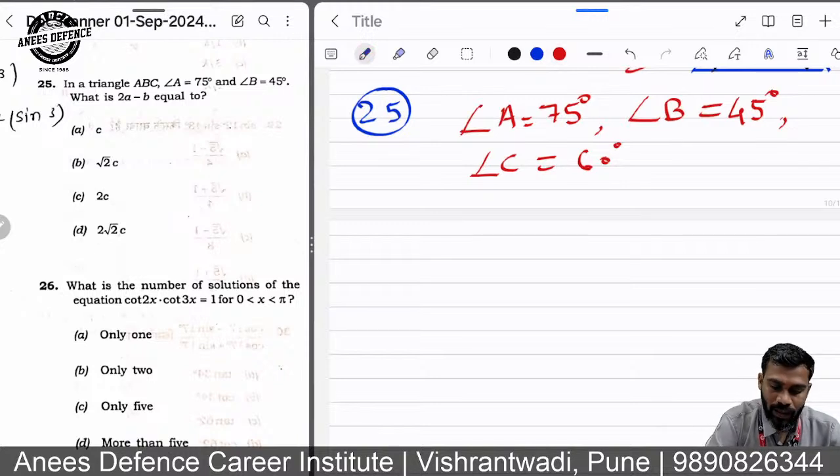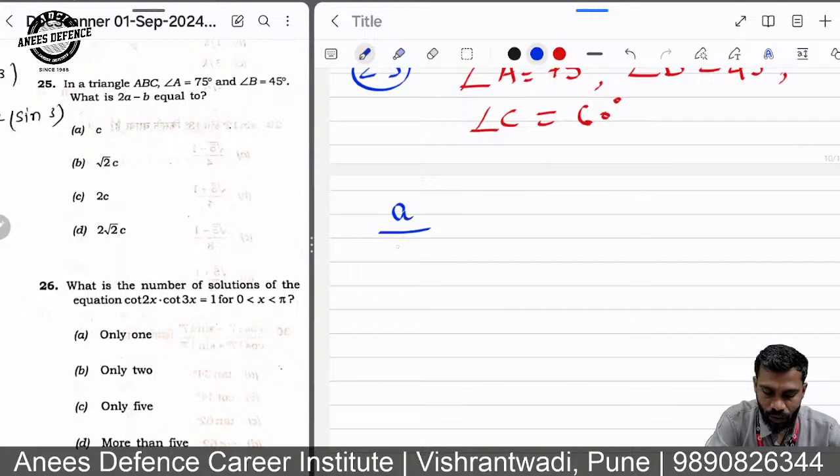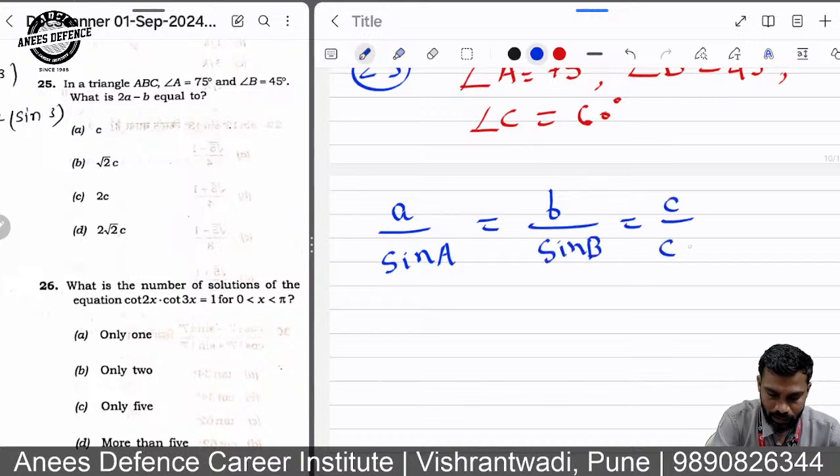Now we can apply the sine rule. We already know the sine rule: A by sine A is equal to B by sine B is equal to C by sine C, that is equal to, let us assume, K, right?